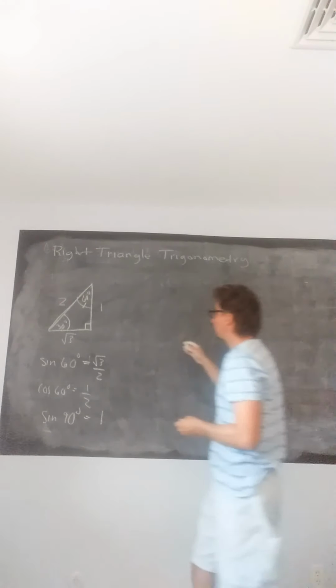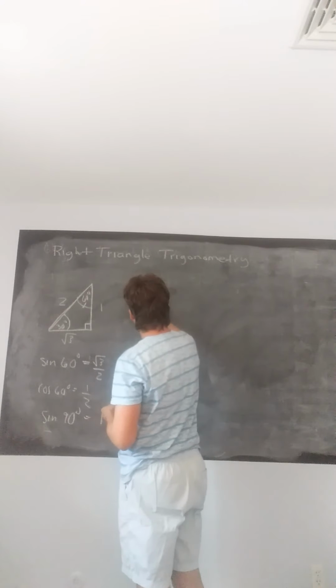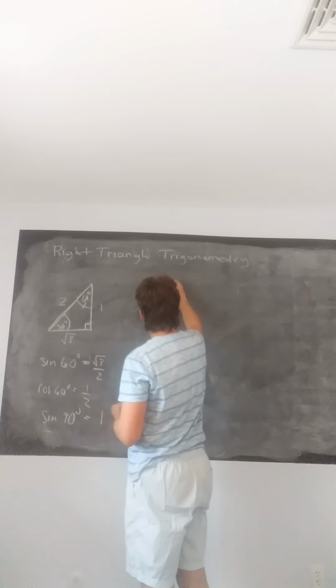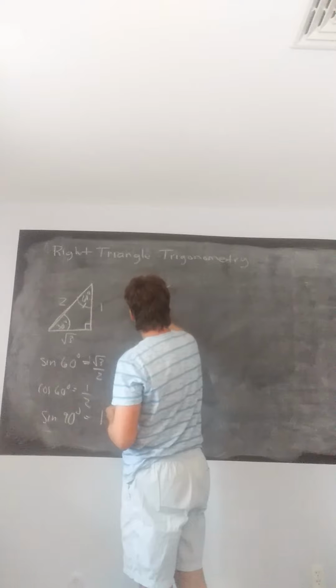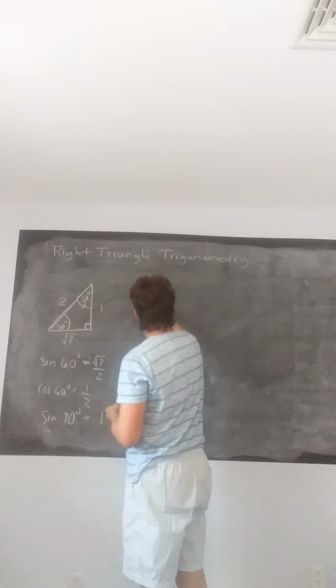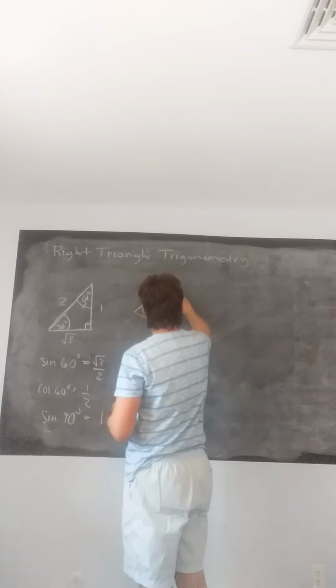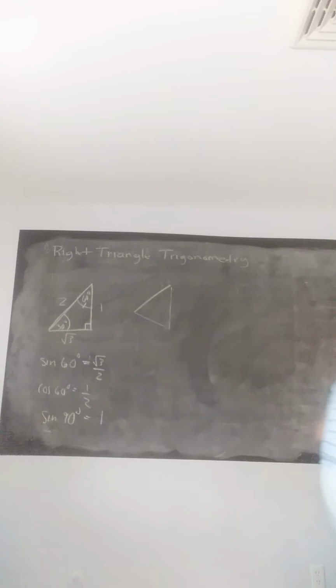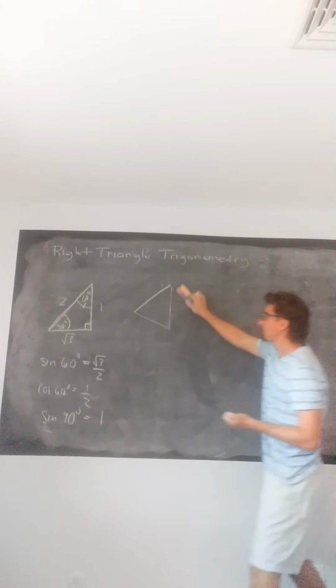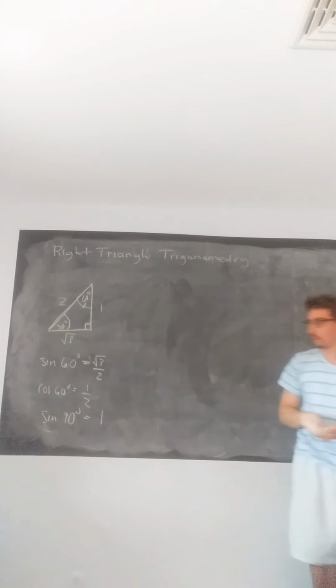So the other special triangle we have to consider is what we call the 45, 45, 90 triangle. This one's a little bit peculiar to draw because of how it looks.